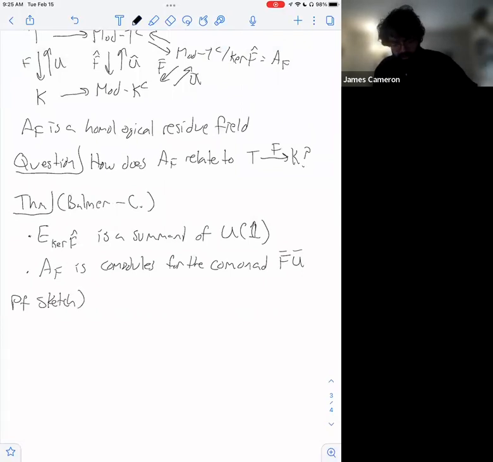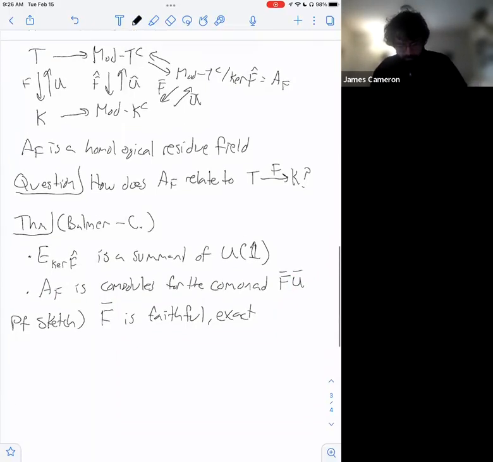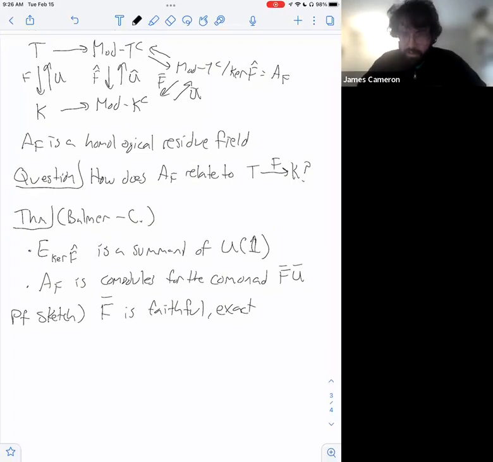The main part is that this F bar, this functor here, is faithful, and exact. So we have this faithful exact functor between abelian categories, and so that lets us use a version of Barr-Beck to get these comodules. And then that also lets us, we have a map. Well, maybe I won't go into the details for this.